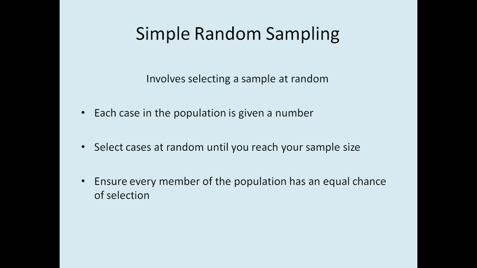Whoever comes out of the hat, you go and question them. You do an interview with them. So basically everyone has an equal chance of being selected. It tries to rule out bias, and whoever gets picked is whoever gets surveyed or interviewed. So it's fairly straightforward. Many students use it, it's really easy, so it might be something you want to consider.